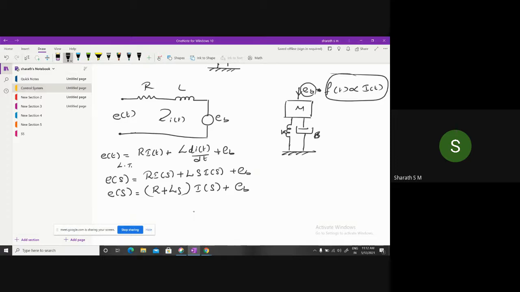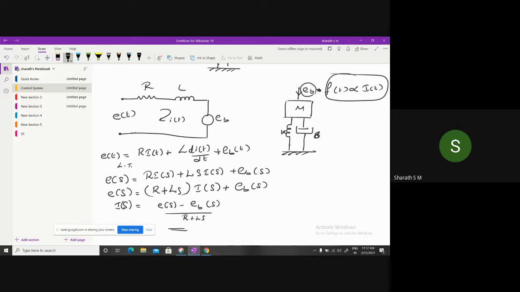If it is EB of t, once you apply the Laplace it is EB of s. Simplifying with respect to the current, I of s is equal to E of s minus EB of s divided by R plus Ls. This is the current equation.